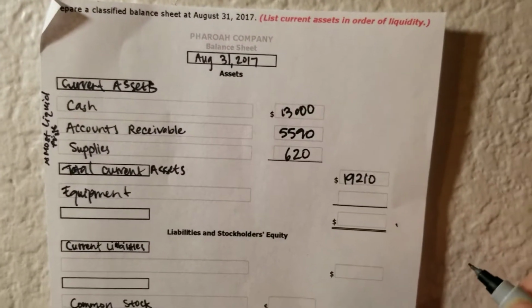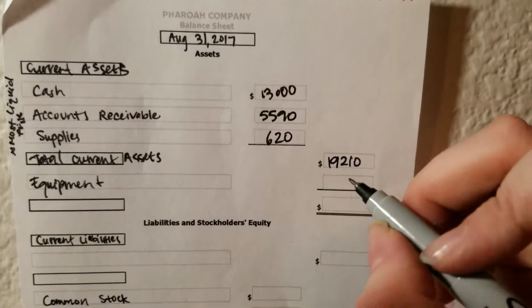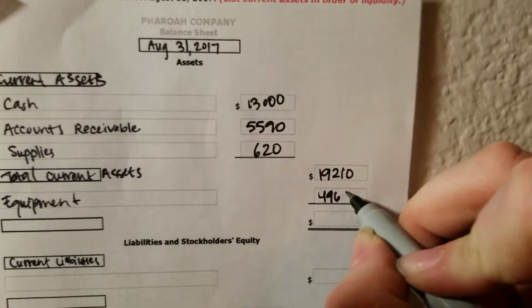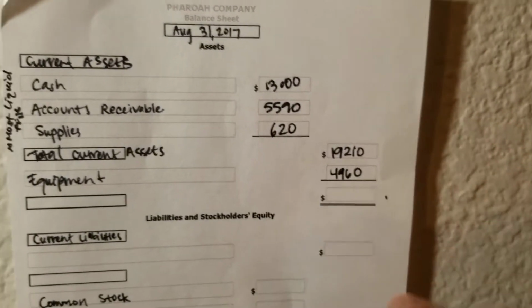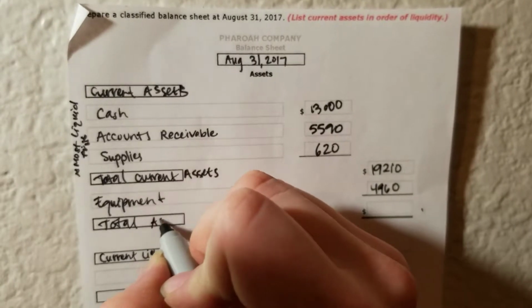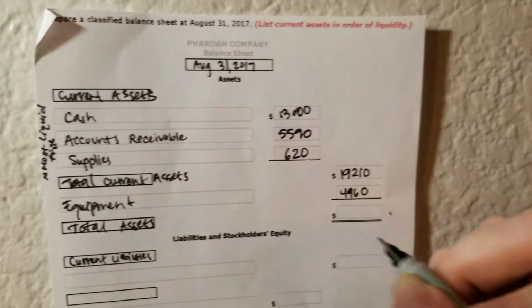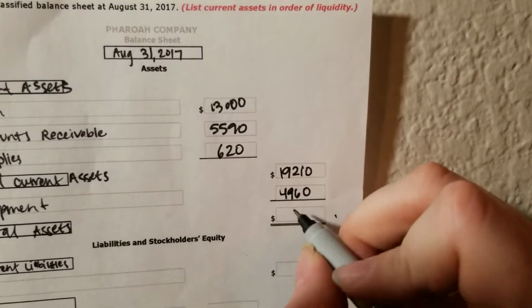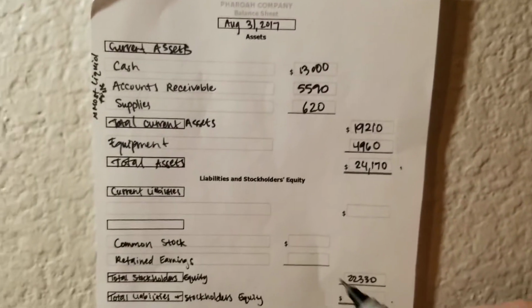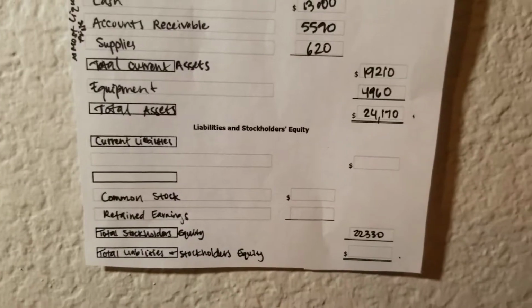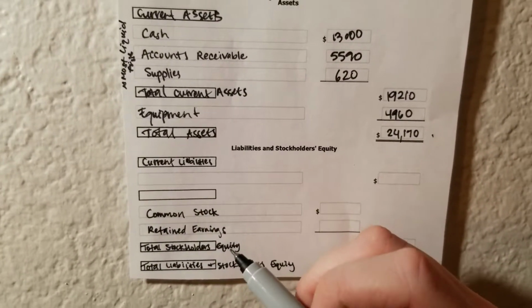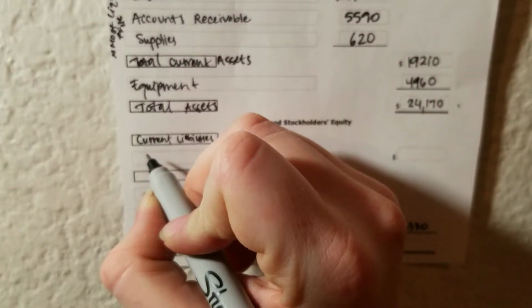So we have equipment, and that is $4,960. Now we total all of our assets, and that total comes to $24,170.